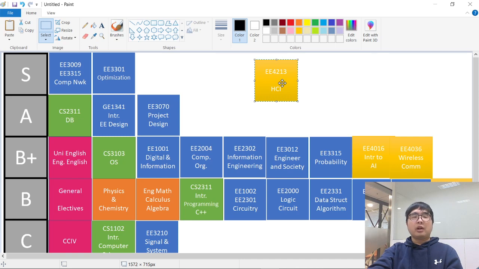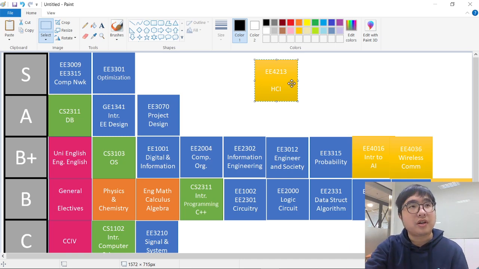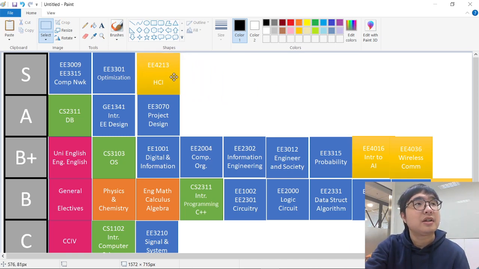However, I do think that you can learn a lot if you want to be a project manager after graduating. I think it's a great course that you can take to learn something about user interface and user experience. Very underrated course, and I'm giving it an S.